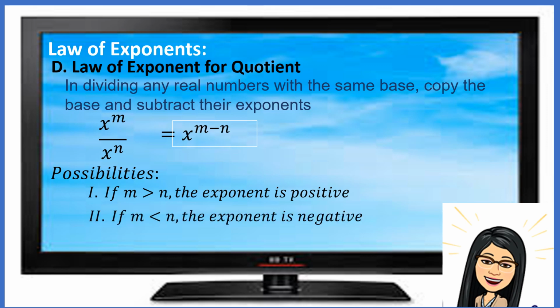Otherwise, if m is less than n, or the exponent in the numerator is lesser than the exponent in the denominator, the result is with negative exponent, where you need to simplify it by taking its reciprocal. And lastly, if m is equal to n, then the result is 0 exponent, where you simplify it further because the value is 1.